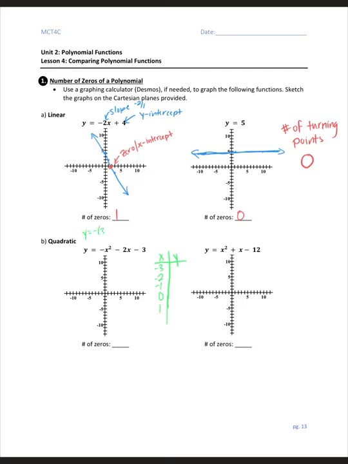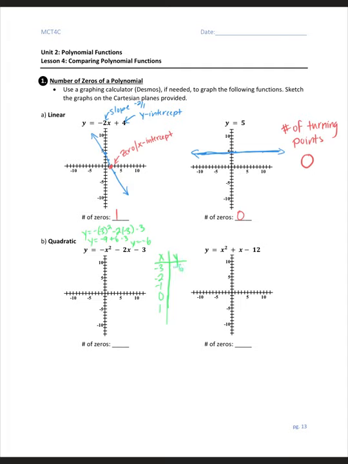So we'll have -3 squared minus 2 times -3 minus 3. So a -3 squared is 9, and it's a -9. And we have a -2 times -3 is a +6 minus 3. Okay, so if we calculate -9 plus 6 is a -3. -3 minus 3 is a -6. So I get a -6 there.